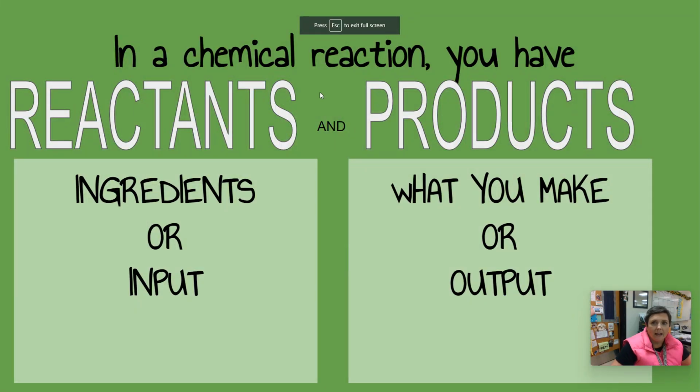So in a chemical reaction, now you're going to be looking at your paper that has reactants on one side and then products on the other. The reactants, aka ingredients or input, this is what goes in.